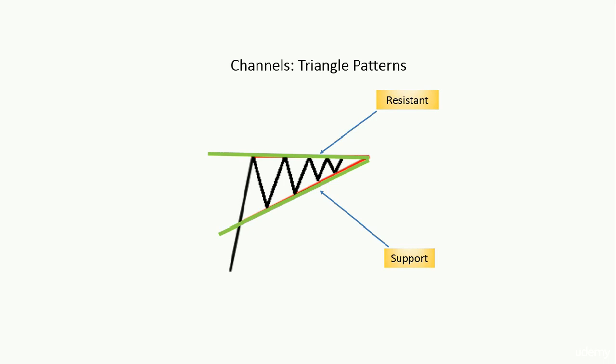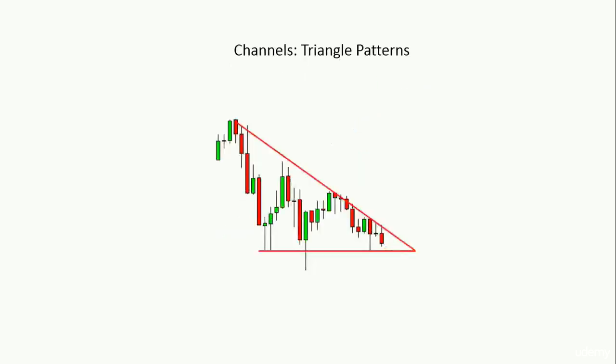But as we said earlier, channels, including triangles, are considered range trading, and smart traders should expect any of the two lines to be broken, and the traders must manage their risks based on this fact. When the triangle is trending down, it is called a descending triangle.